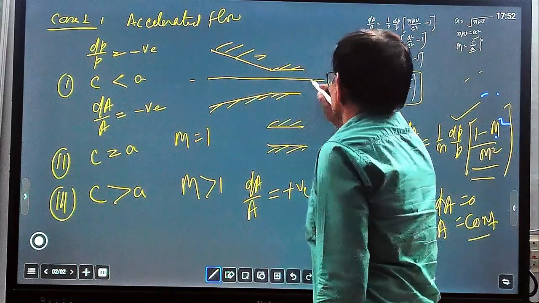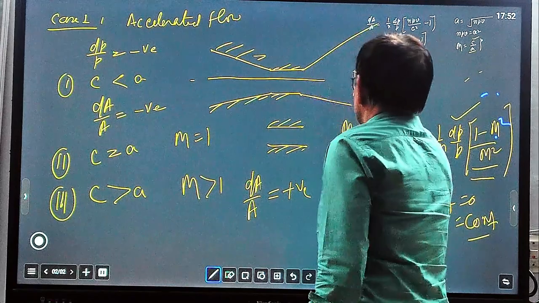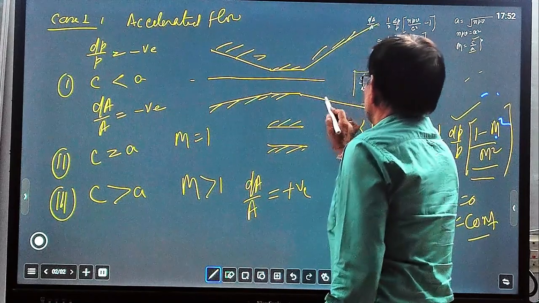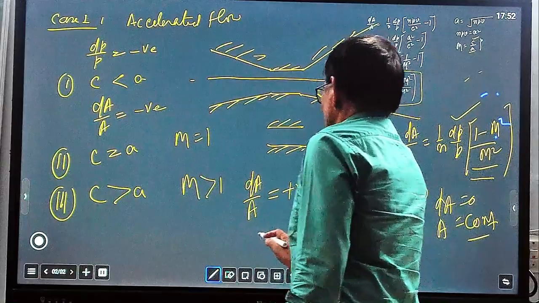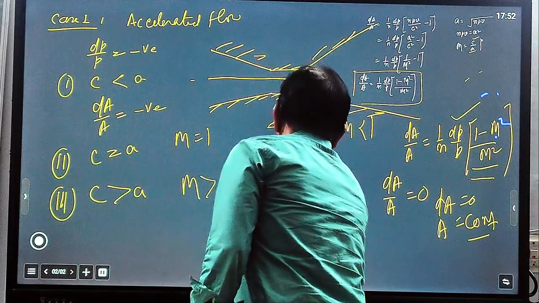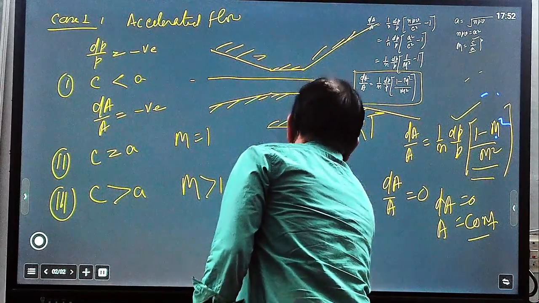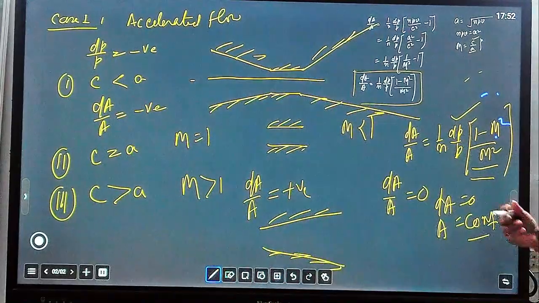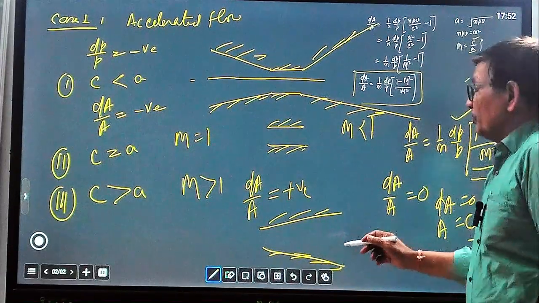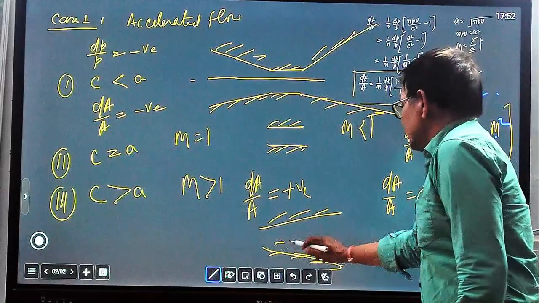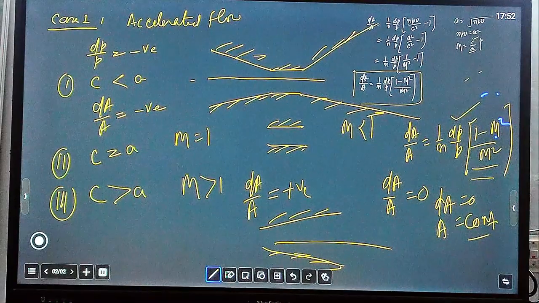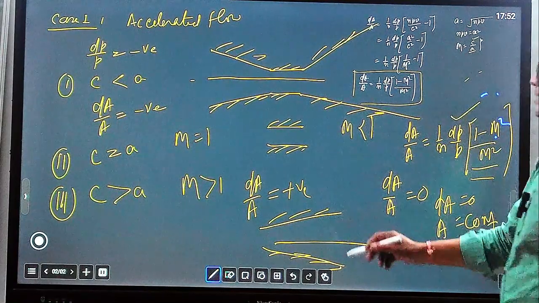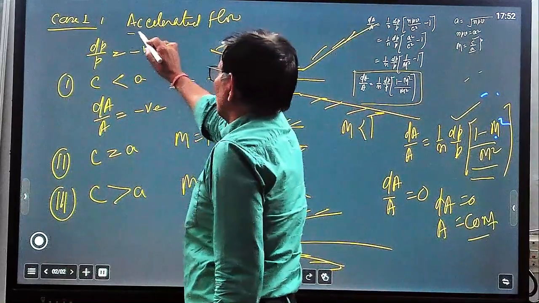This means that this is a case of the divergent nozzle. The shape of the nozzle in this region will become divergent. If velocity becomes greater than A, it is a region of the divergent nozzle. So all three cases are possible for the accelerated flow.